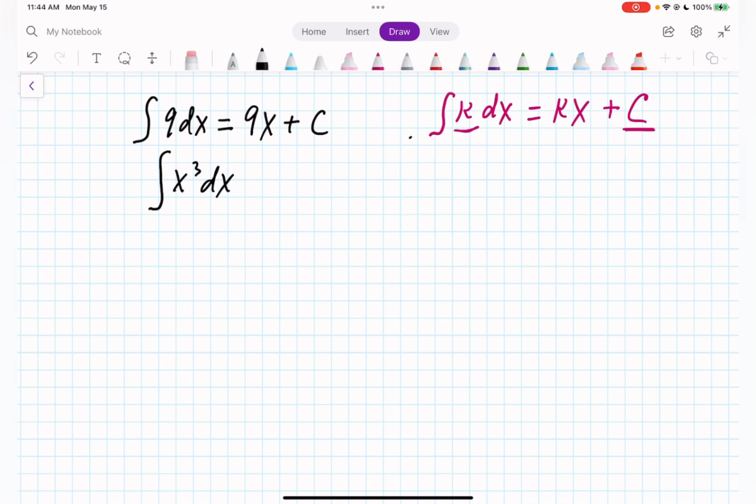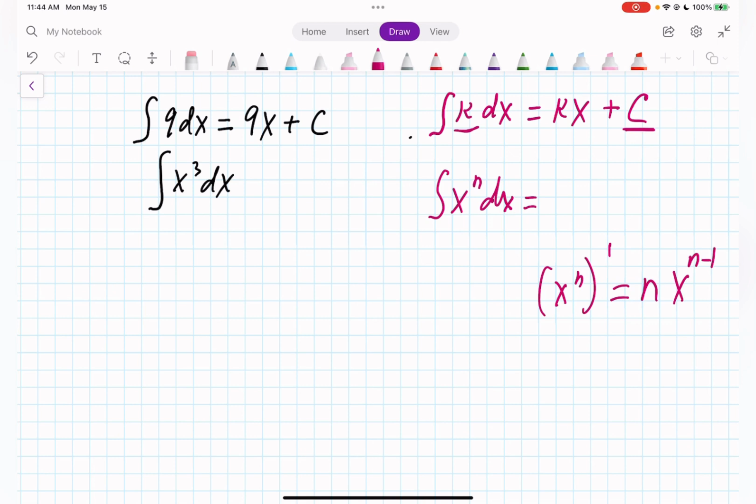So the formula we are going to use here for power is the integral of x to the power n dx. Remember what we were doing? We had the derivative of x to the power n. It was n times x to the power n minus 1. Since we are doing the opposite operation, everything is going to go vice versa, right?